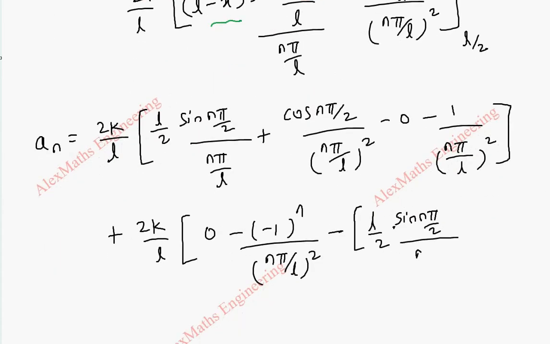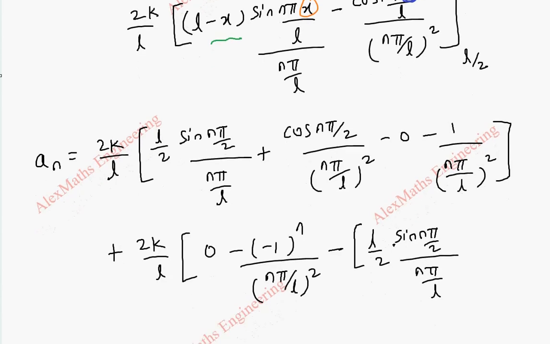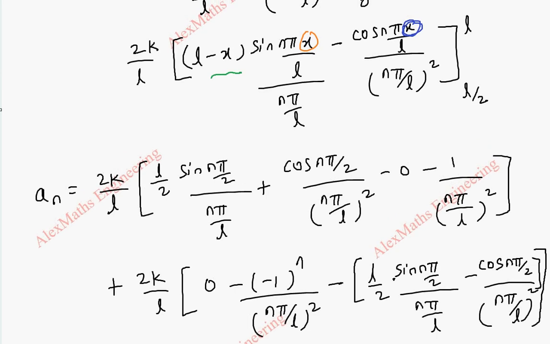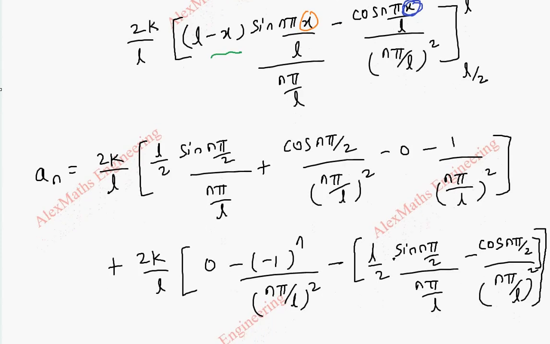So n pi by L, and now putting L by 2 for this, after cancelling L and L, we get cos n pi by 2. So minus cos n pi by 2 by n pi by L whole square. So close this bracket and finally close the bigger bracket.